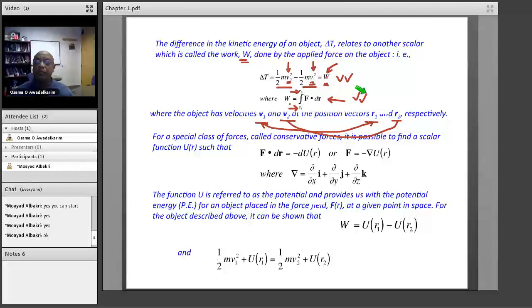So, for a special class of forces, and luckily this special class of forces almost covers all forces in physics. This special class of forces are called conservative forces. And for these conservative forces, it is possible to find a scalar function, u of r.